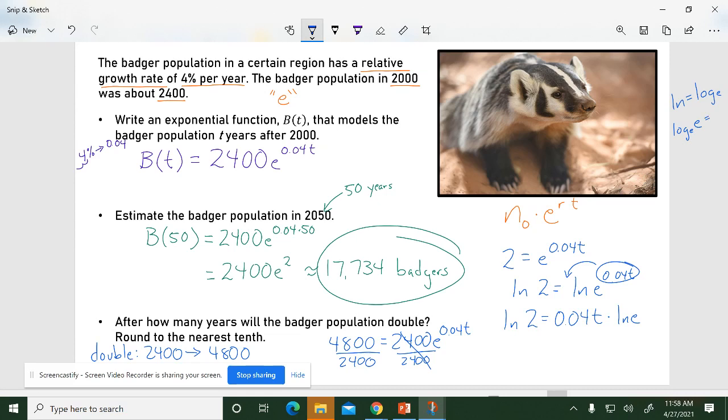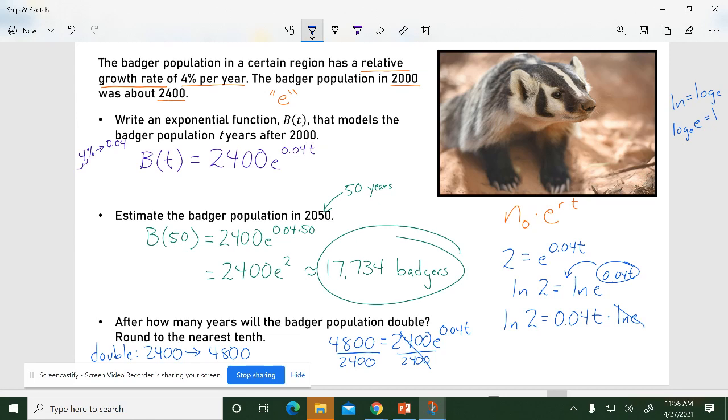So whenever you have a log where the base and the number you're taking the logarithm of are the same, it's always going to be 1, because you're looking at the exponent that gets you from the base to the number. So natural log of e is just 1. So it cancels itself out. You're just multiplying by 1. So it just eliminates itself. And that's why we use natural log. It's going to make this work out a lot more nicely.